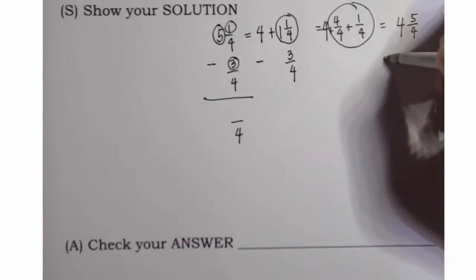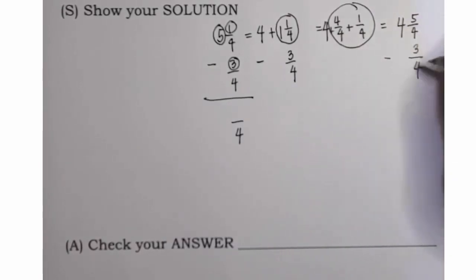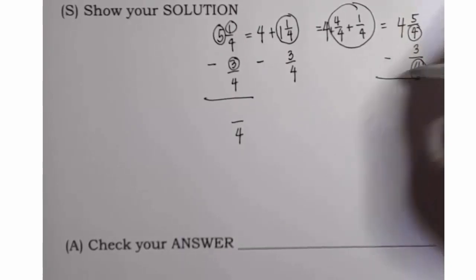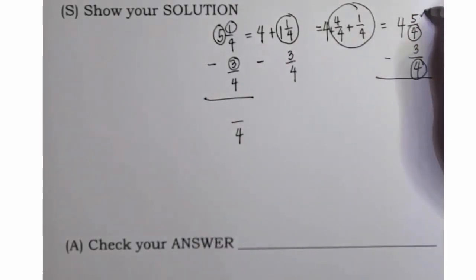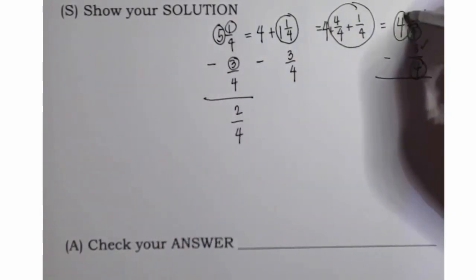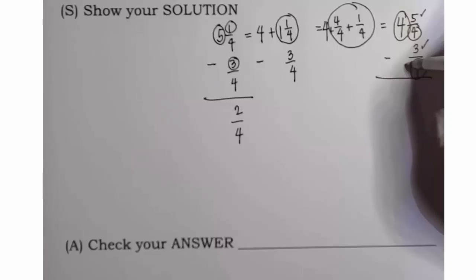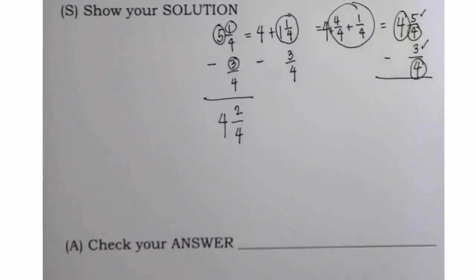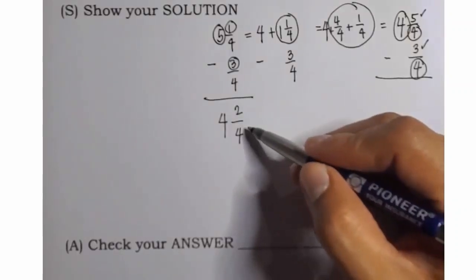Then now, we could subtract 3/4 from 5/4. So, copy 4. And of course, 5 minus 3 is equal to 2. And 4 will be subtracted by, there's no whole number here, so just bring down 4. Now, let's look at our fraction.